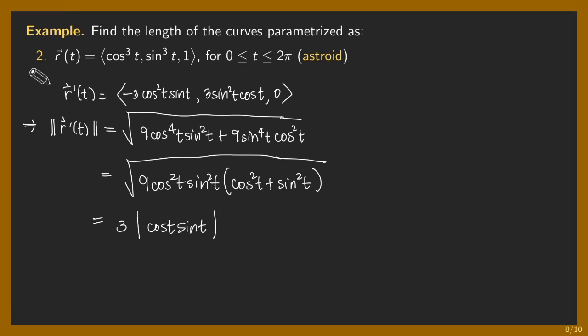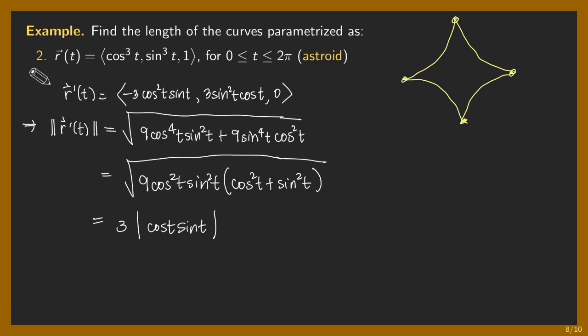Okay? Now we're going to integrate from where? As you can see, let's try to draw the asteroid once more. So this is the asteroid. Now remember, the formula works only for smooth curves. The asteroid is not smooth.